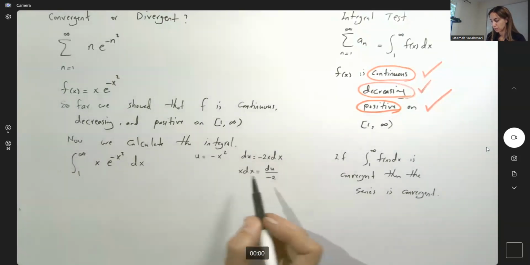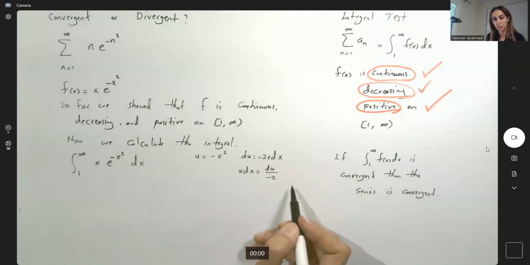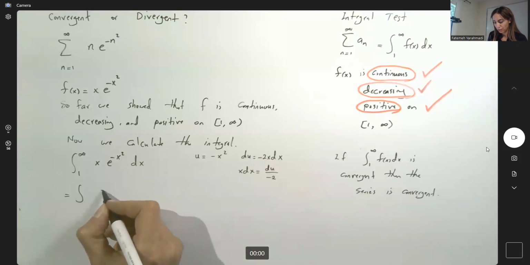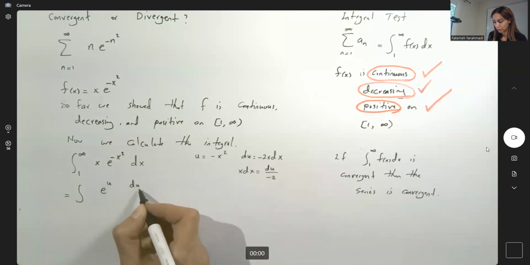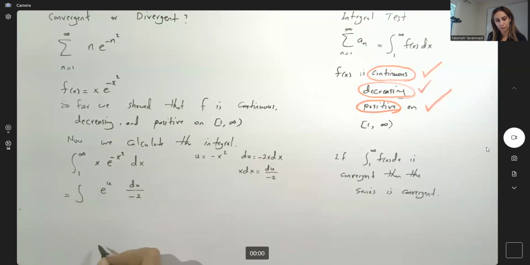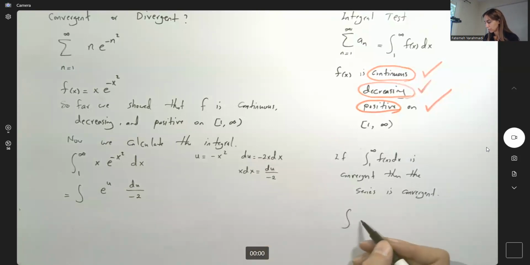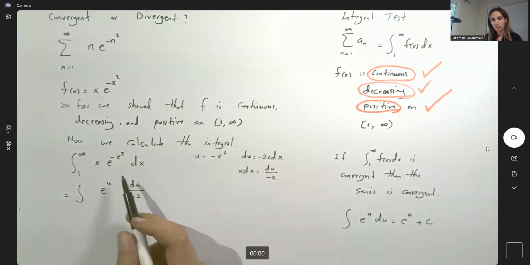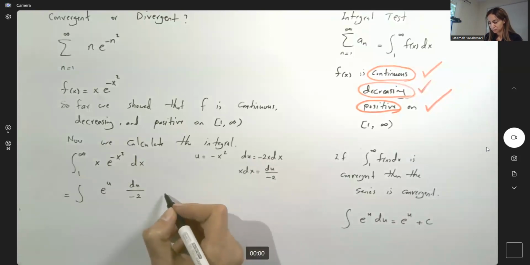Wherever you see x dx, you can substitute that with du divided by negative 2. So this is the integral of e to the u du divided by negative 2. But the integral of e to the u du is e to the u plus c, right? Here we have a definite integral. We can just convert this back into x and use whatever we have.